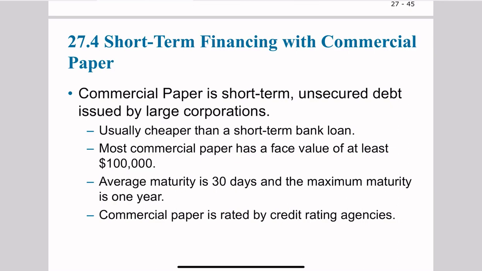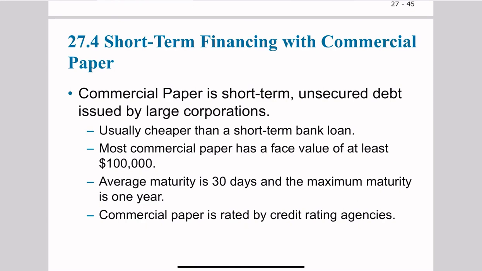So generally only large firms can use commercial paper for short-term financing. This is generally cheaper compared with the bank loan. And generally commercial paper has a large face value, at least let's say $100,000. And it's short term, so its maturity is 30 days and at most 12 months.